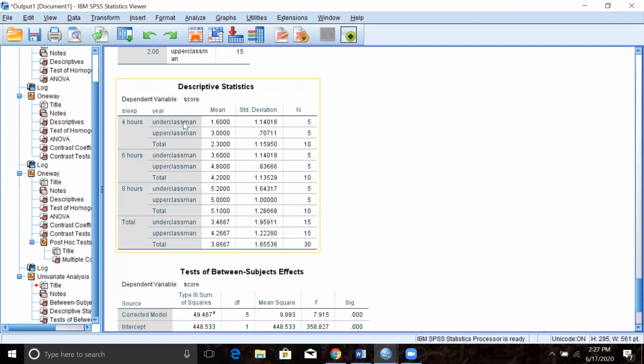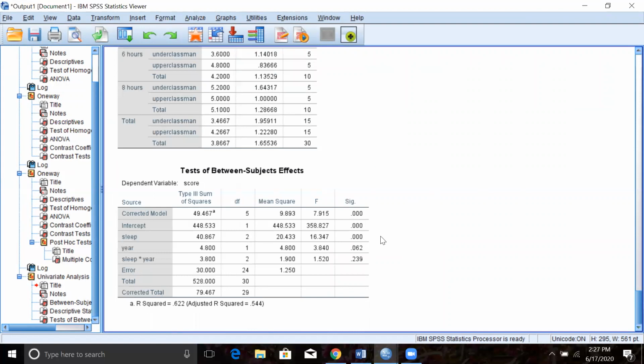So some of the underclassmen got 4 hours and some of the upperclassmen got 4 hours, likewise for 6 hours, likewise for 8 hours. So there's means for all 6 of those various groups. What the actual ANOVA tells you is whether or not sleep and year interact to alter quiz score. So is there something unique about upperclassmen who get 8 hours of sleep where they do the best on the quiz?